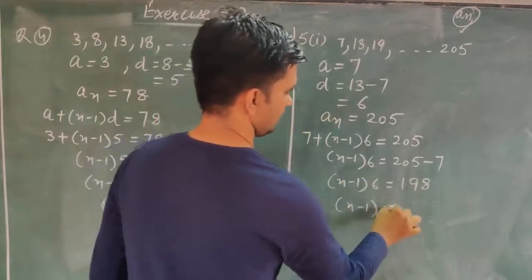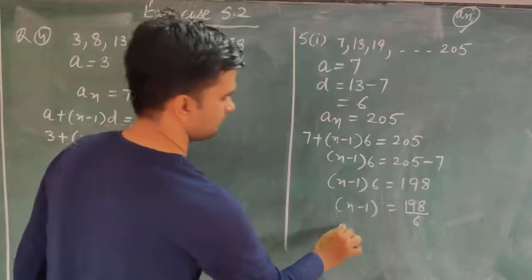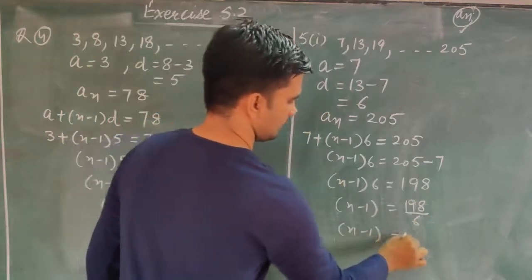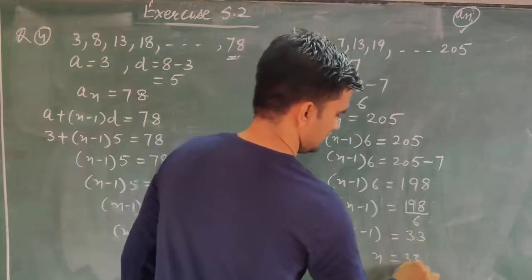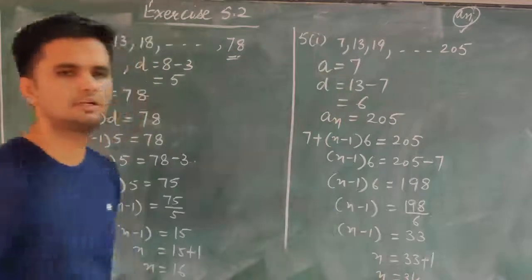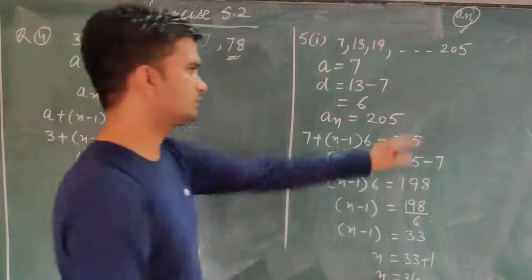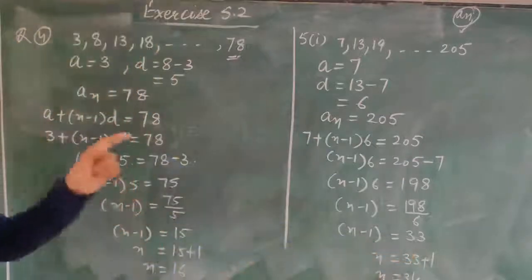N minus 1 is equal to 198 upon 6. N minus 1 is equal to 33. N is equal to 33 plus 1. N is 34. It means this term 205 is at the 34th place of this given AP.